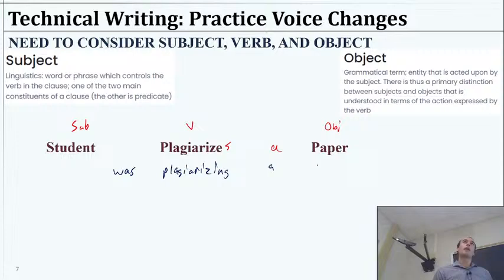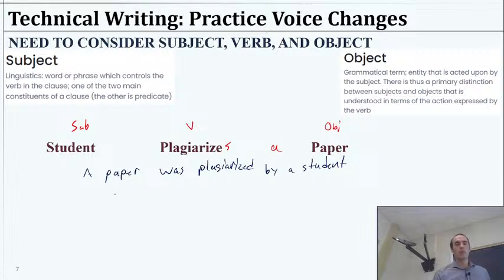Let's see, is that actually passive voice? I think it is. Sorry, no, let's rewrite this. A paper was plagiarized. So the plagiarizing, that's actually not the correct form. So if we rewrite that, a paper was plagiarized by a student, the paper is now the subject.